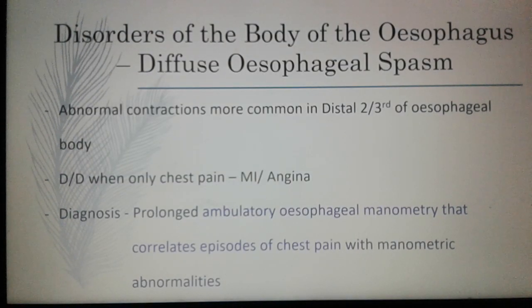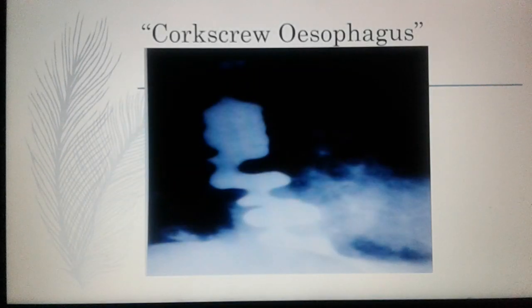The distal two-thirds of the esophageal body is usually affected, and these abnormal contractions are more common in the distal two-thirds of the esophageal body, very less common in the upper one-third of the esophagus. So in diffuse esophageal spasm, as you have just seen, the lower part of the esophagus, the distal two-thirds, is basically involved.